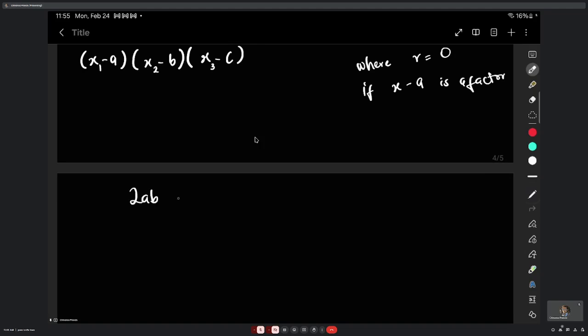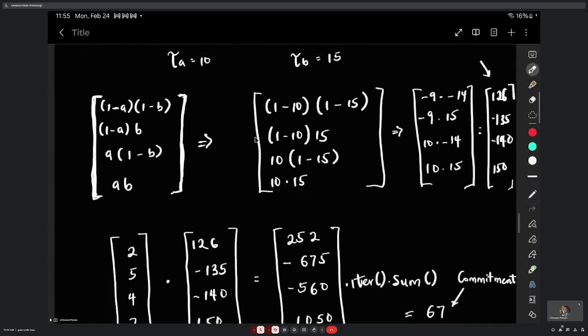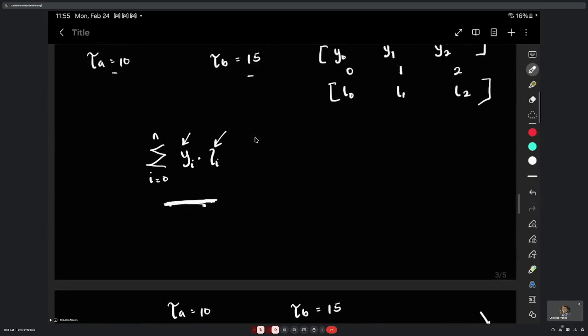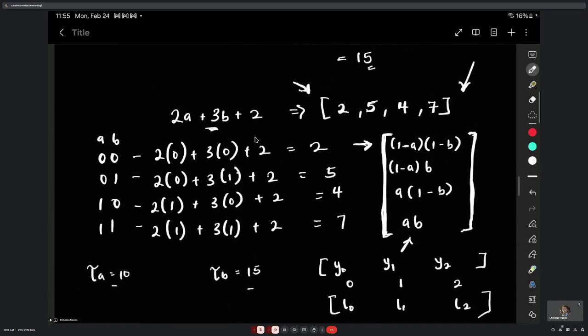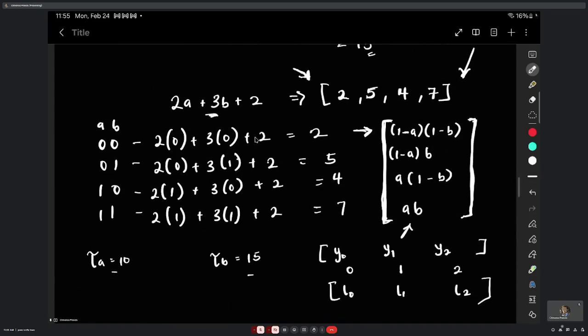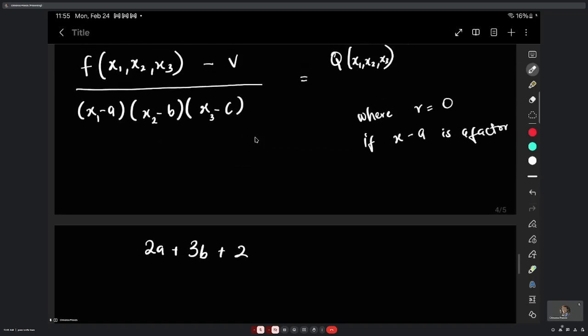Let's work with something we already have. So let's work with 2a plus 3b plus 2. That will be x1 and x2. It's still the same, but there's no c, so it will be 2b.